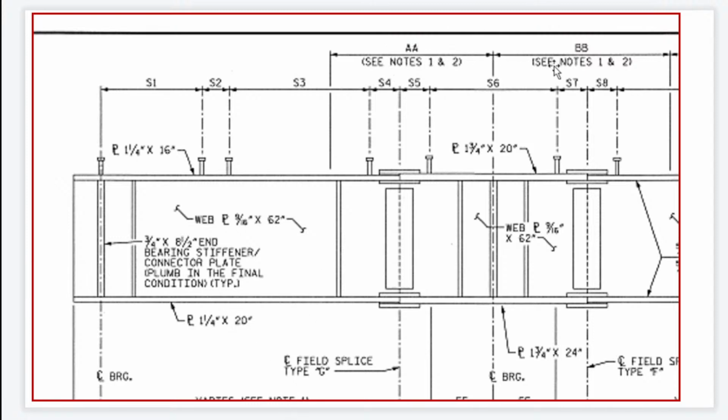So A, A, B, B, then C, notes 1 and 2. We need to really see the notes because there are explanations involved. So S1, S2, S3 mean spacing, the distance between this bolt and this bolt.